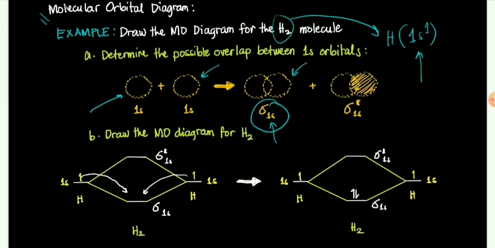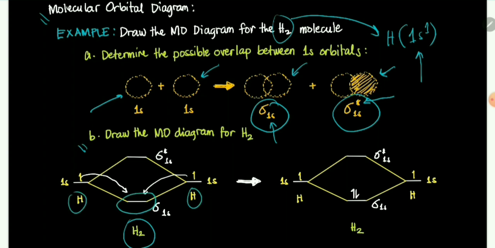Okay? So kapag naman antibonding, okay, destructive interference, magkaiba yung phase ng ating orbitals. So lagyan nyo lang siya ng star. So that's sigma star 1s. That's the antibonding molecular orbital for the 1s sigma overlap. Okay? So ngayon, drawing na natin yung MO diagram ng H2. So yung molecular orbital diagram ng H2 ay nasa gitna, yung dalawang atomic orbitals ay nasa gilid. So mapapansin nyo, stabilizing yung effect ng ating molecular orbital.